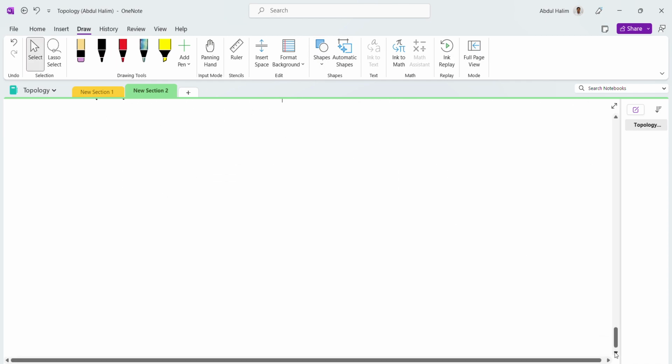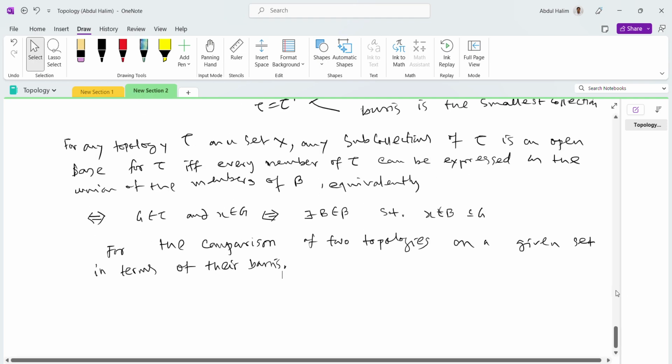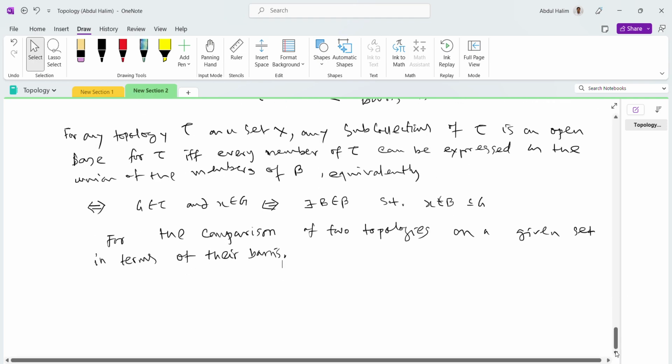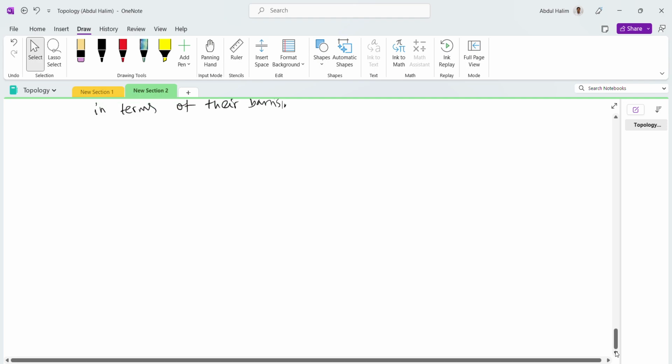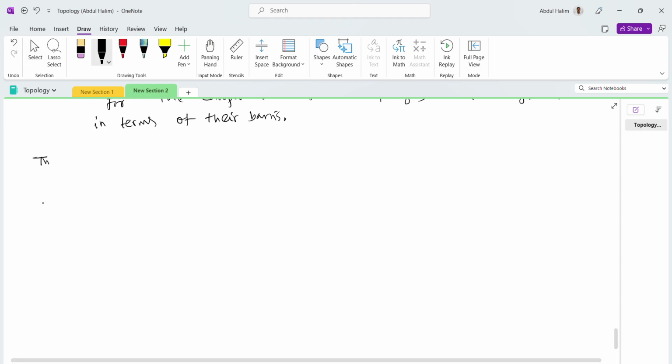The criteria is for the comparison of two topologies on a given set in terms of their basis.